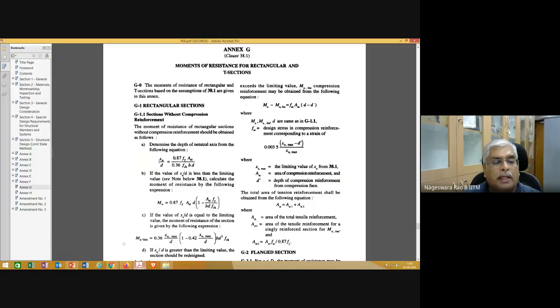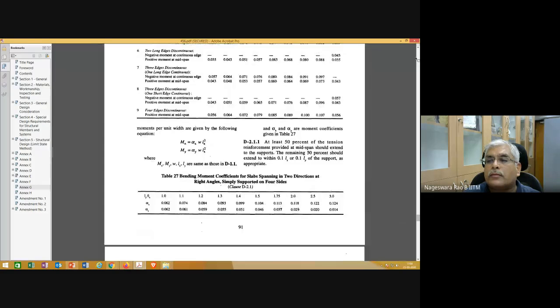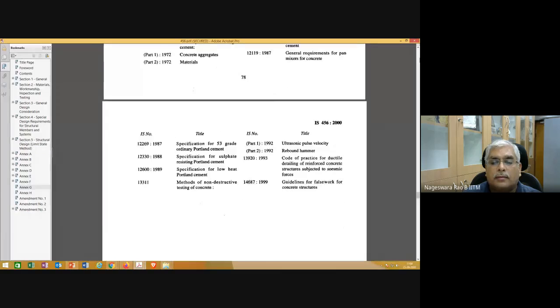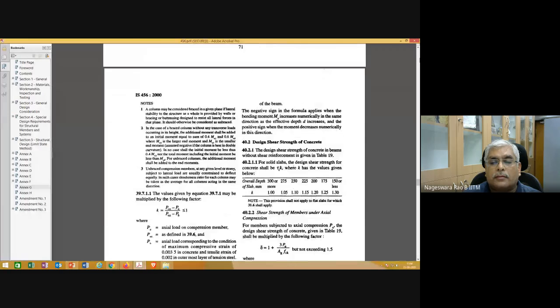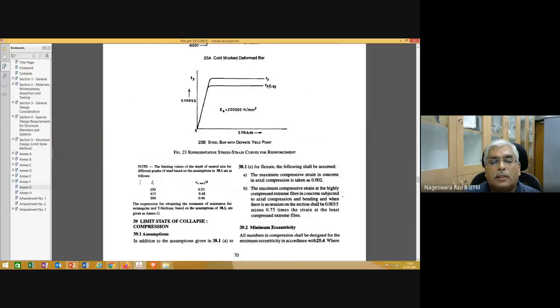It's given on page 70. Here it is given as XU max divided by D, or in some other textbooks, they usually write it as XU limit divided by D.